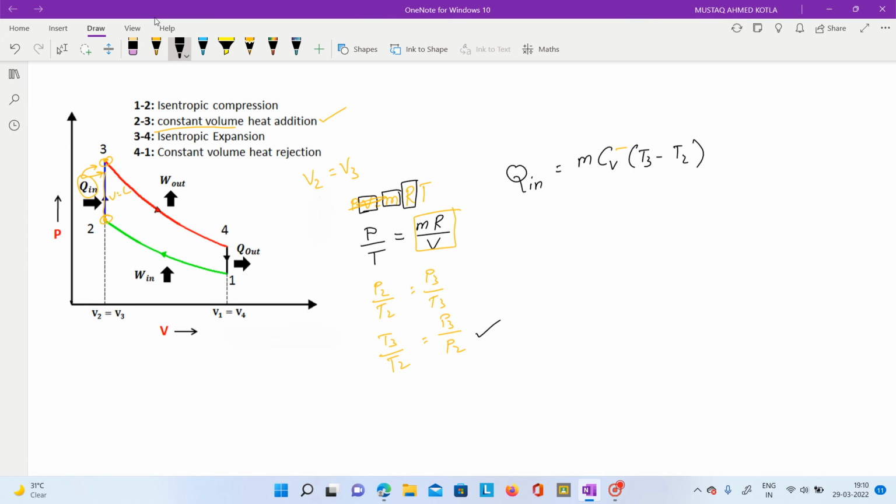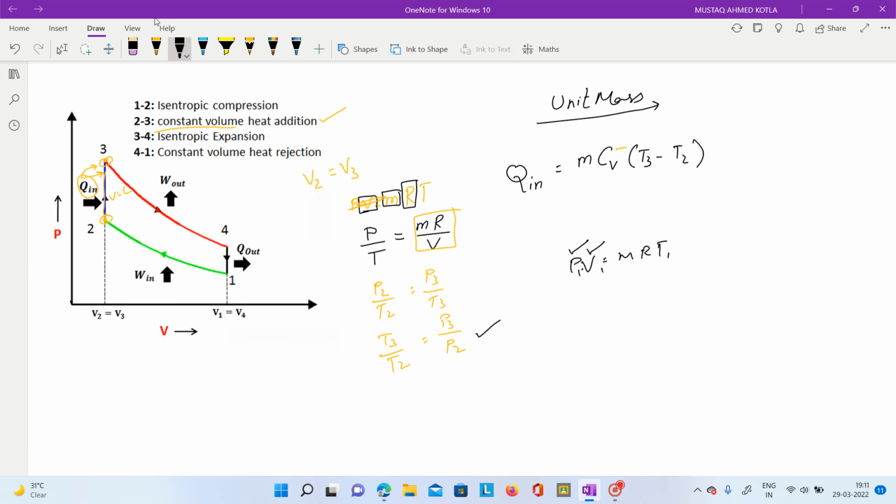Okay, you may find T1 from the above equation, or from 1 to 2 you may get T2, and here we have to find the mass if they haven't provided it. See, in the question they will give unit mass. If they haven't given unit mass anywhere in the question, then you must find the mass. How will you find the mass? We already know PV equals to MRT, right? P1 V1 equals to M R T1. Pressure and volume at process 1 we find.